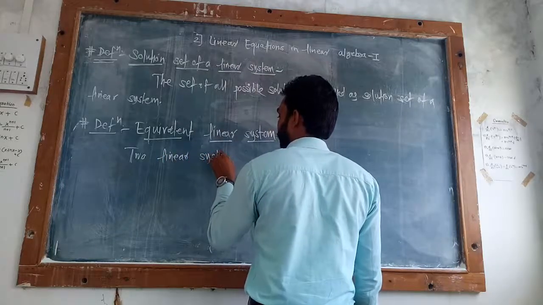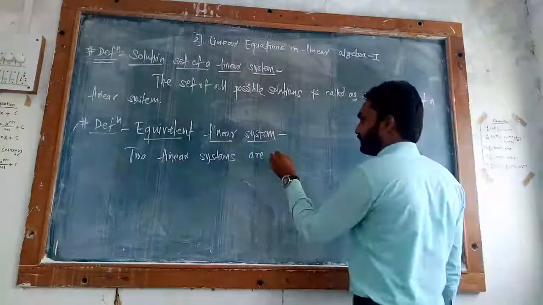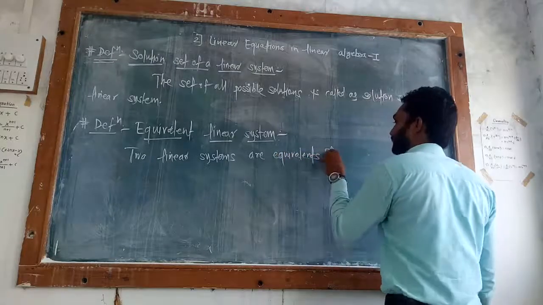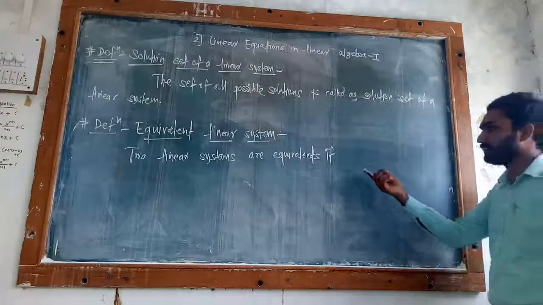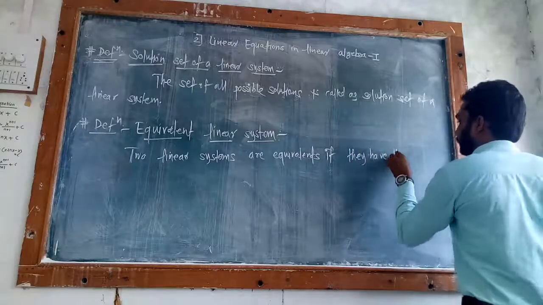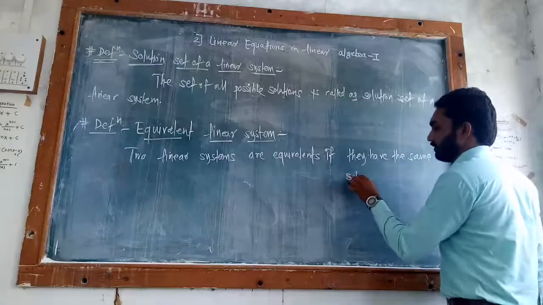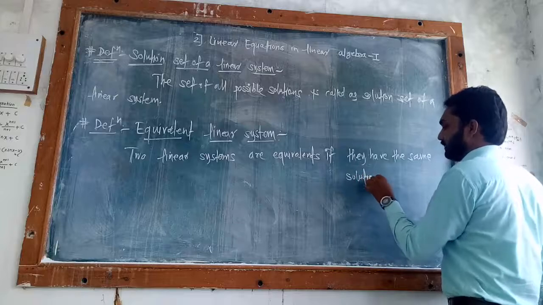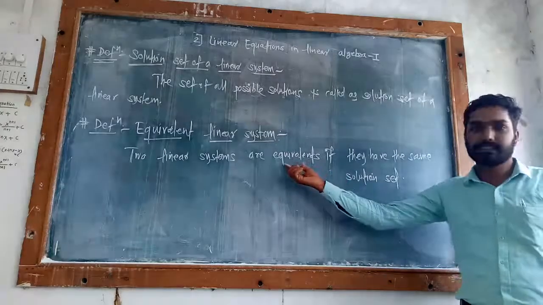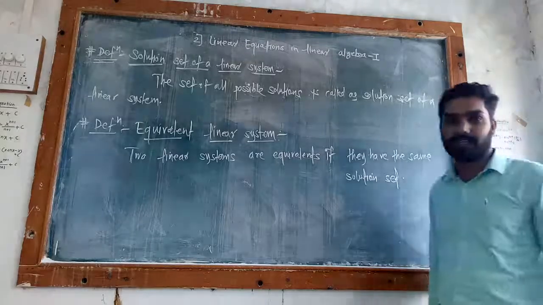Two linear systems are equivalent if they have the same solution set. If two systems have the same solution set, then they are said to be equivalent linear systems.